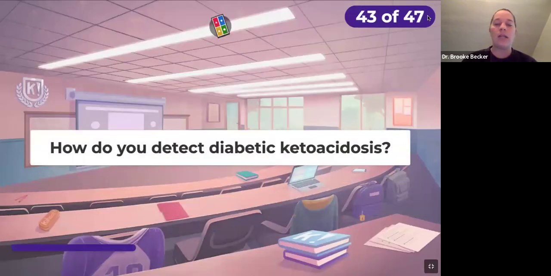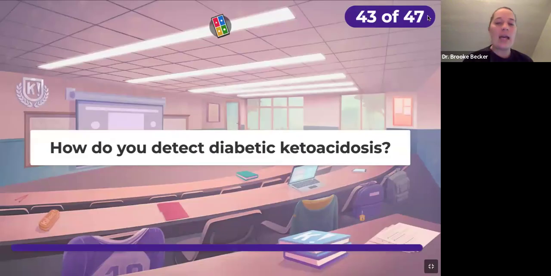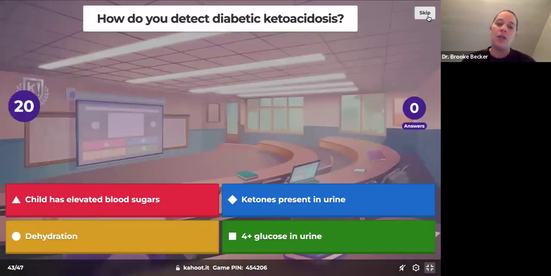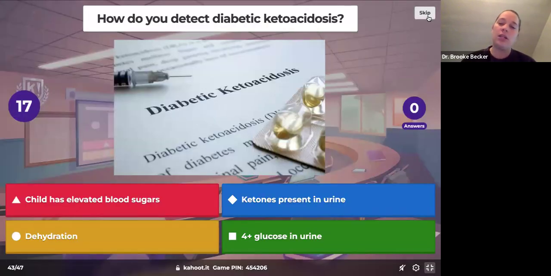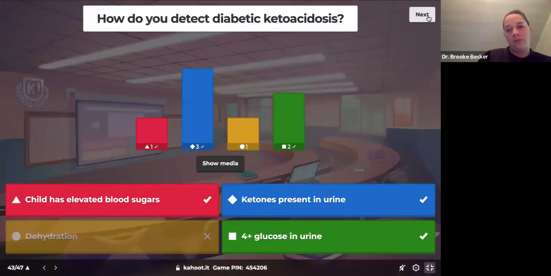Okay, multiple select. How do you detect DKA? Child has elevated blood sugars, ketones are present in the urine, dehydration, or 4+ glucose in the urine. Yep, so elevated blood glucose, ketones in the urine, and 4+ glucose in the urine.